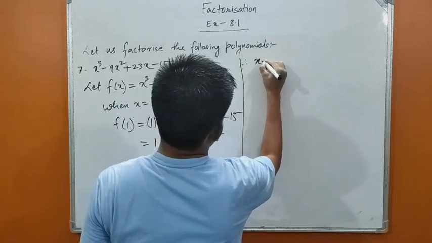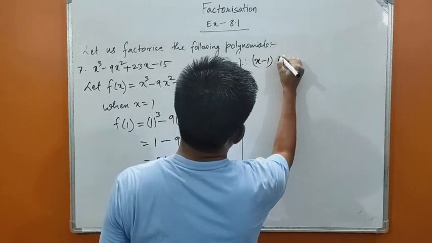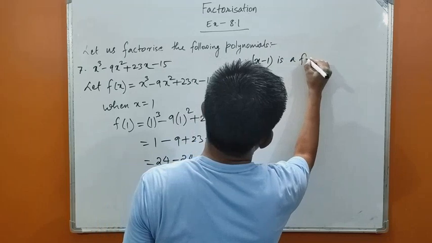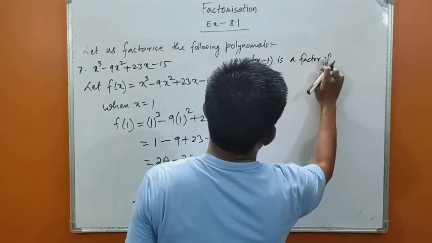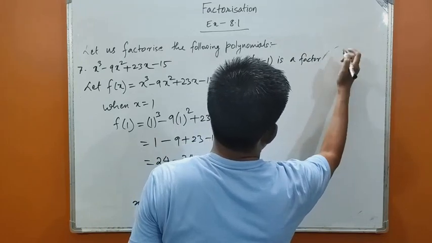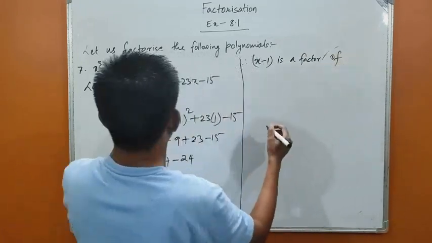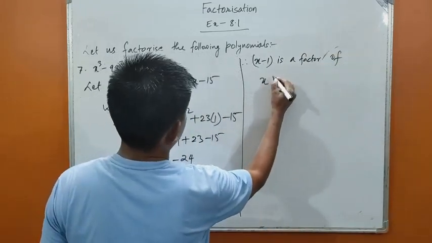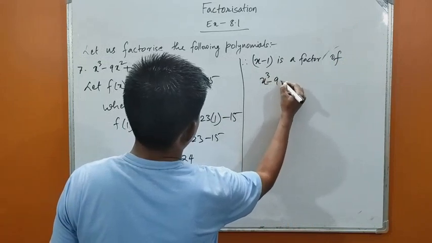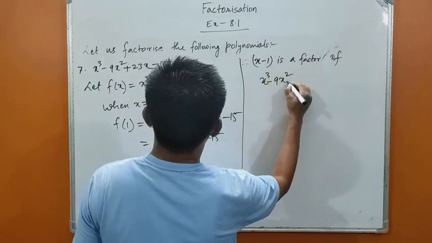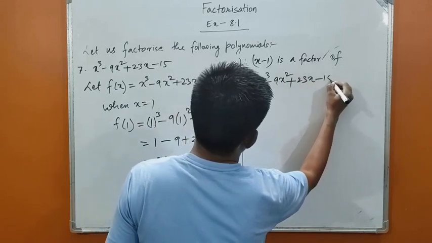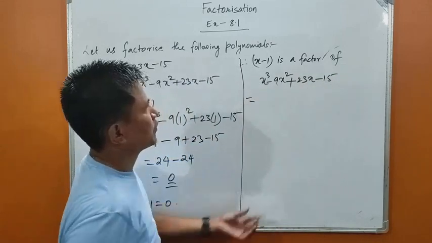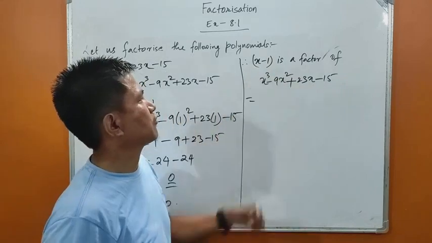Therefore x minus 1 is a factor of this expression, x cube minus 9x square plus 23x minus 15. Now we must convert this expression into x minus 1 form, isn't it?